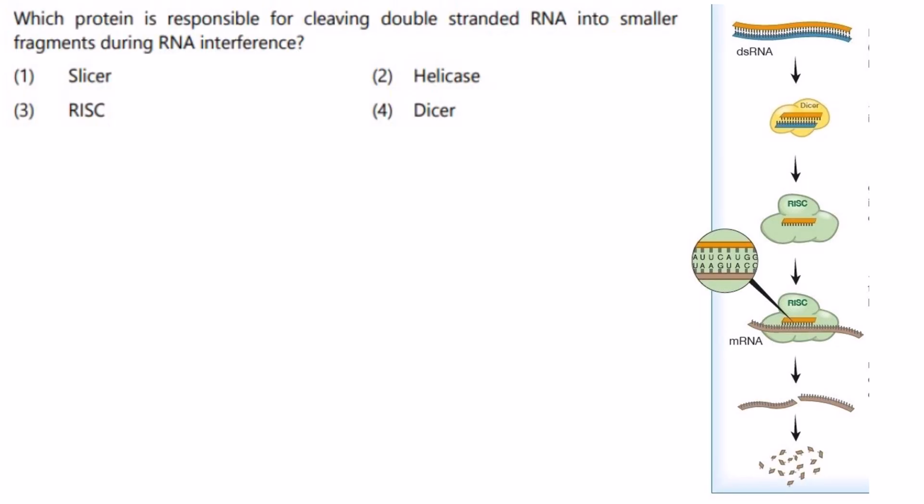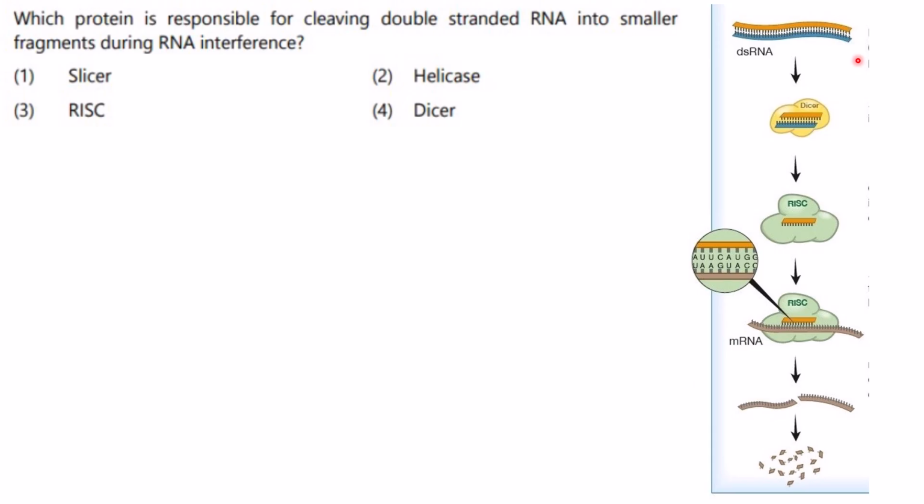Now coming to what is called RNA interference. RNA interference is a natural mechanism to silence gene expression by using short interfering RNA, that is your siRNA or microRNA, and it will degrade the messenger RNA, and this is usually a means of protection of the cell from viral infection.